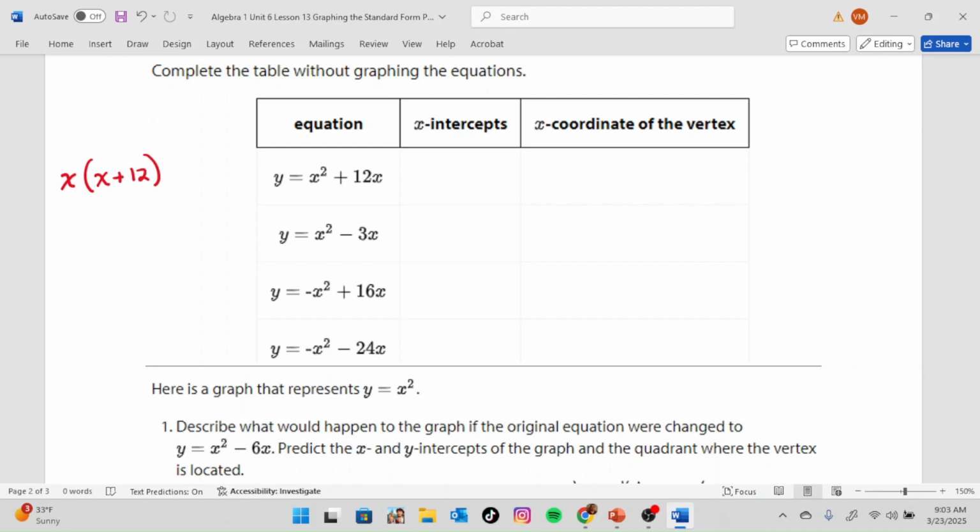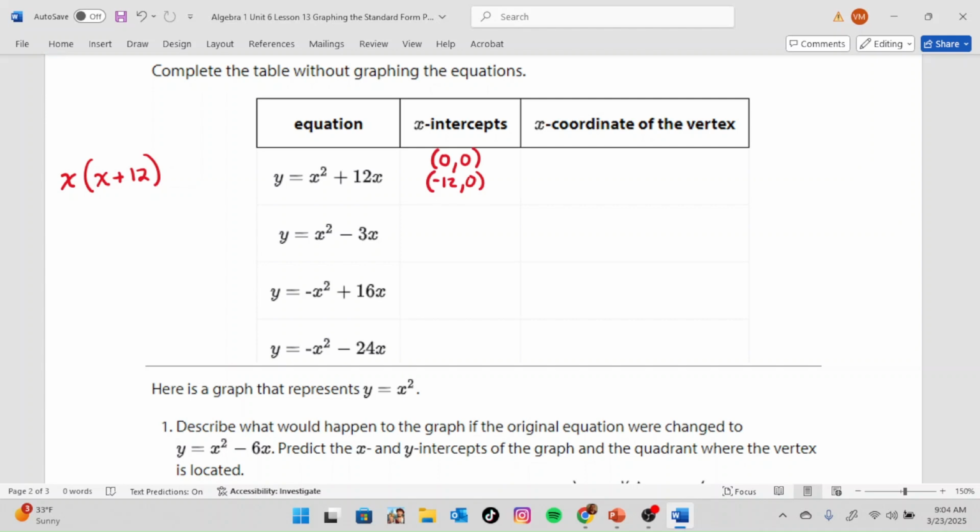If I set x equal to 0, then my x-intercept is at 0, 0. If I set x plus 12 equal to 0, then the x must be negative 12, and so my intercept would be negative 12, 0.